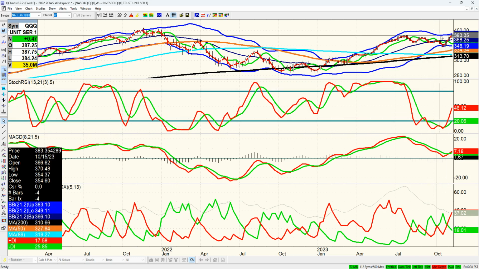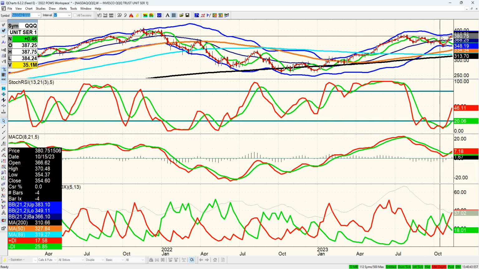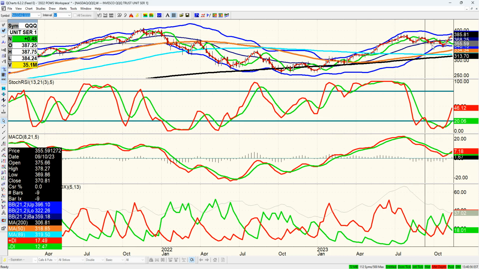Let's start on the top. So you see these blue lines. These are the Bollinger Bands. So the Bollinger Bands, it basically is a calculation. Well, all of these are calculations, but the Bollinger Band is a calculation that mathematically, two standard deviations means that, was it 96, 97% of the time, the price will stay inside of the band.